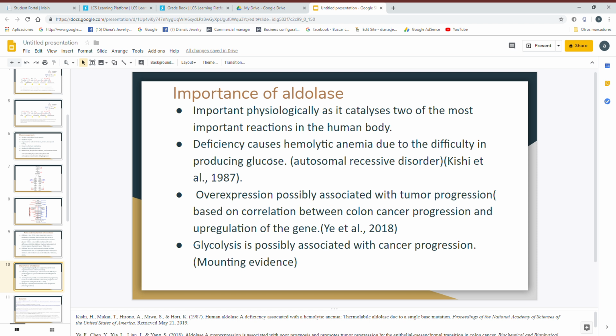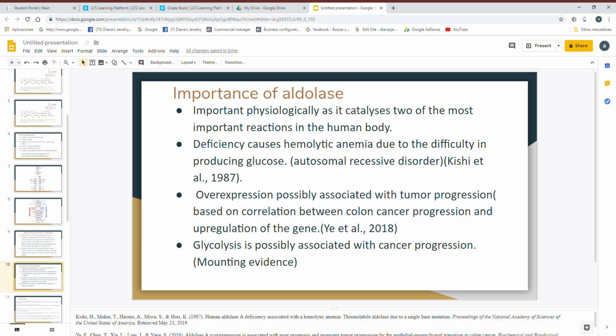So if you have a deficiency of aldolase, then you can't really go through the process of gluconeogenesis, or this process is going to be very, very hindered. And this, of course, is going to cause blood cells to die off, right? This dying off of blood cells is what causes this hemolytic anemia. Hemolytic anemia is where you have fewer blood cells than what is optimal.